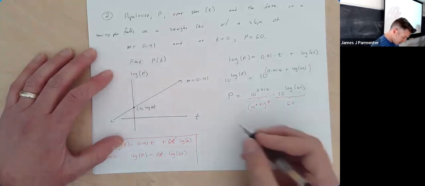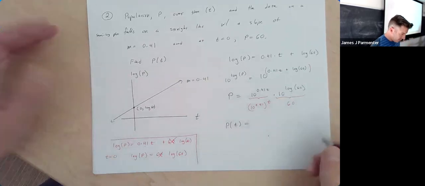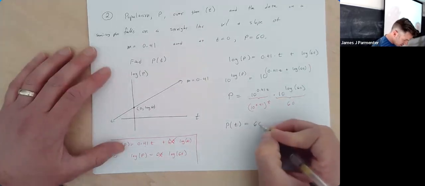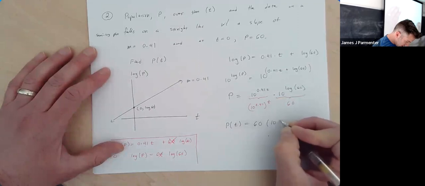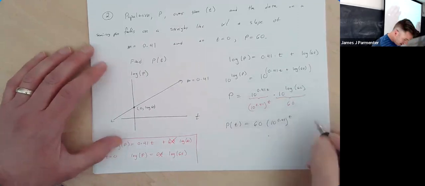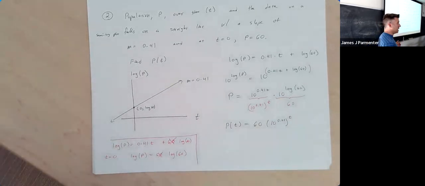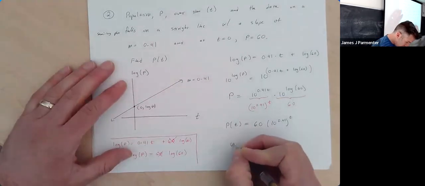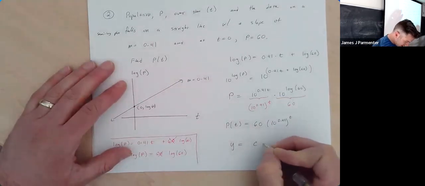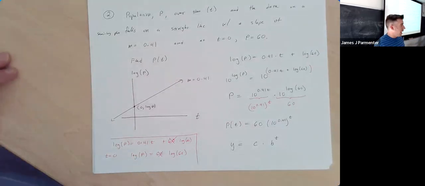If I was writing this, I would write this as P of T, and I would probably write the 60 first, just because that's fairly standard, times 10 to the 0.41 all to the tth power. And the reason you might write it this way specifically is to emphasize the exponential nature of the relationship. You've got essentially y equal to some c times b to the t. That's the idea, is why we're writing it that way as opposed to some earlier version of it.